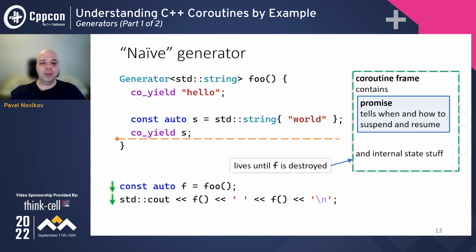In this example, and in general, f is our generator, and it is alive until the variable f is destroyed. So the coroutine frame also lives until the instance of the generator is destroyed. And of course, in the output, we get hello world.